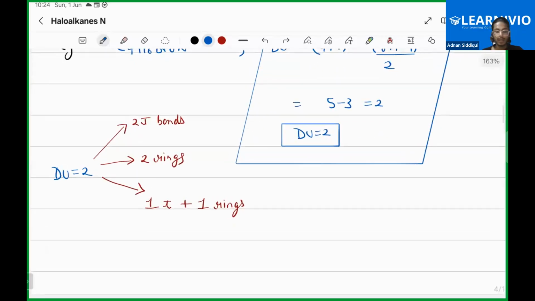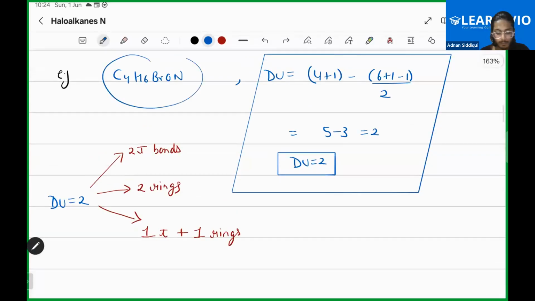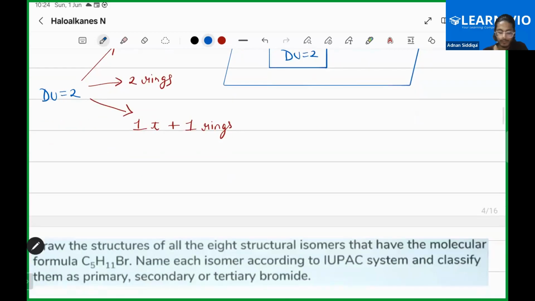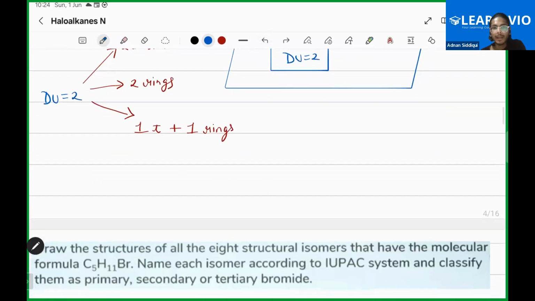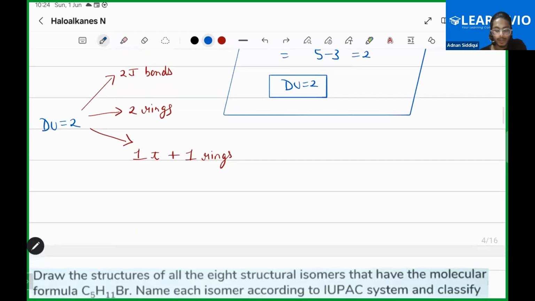It means our molecular formula could create a compound which can contain 2 pi bonds. Let me draw it like this. We have a 4 carbon chain, right? If I am getting degree of unsaturation 2, it could have 2 pi bonds, it could have 2 rings, or a combination of 1 pi bond and 1 ring as well.